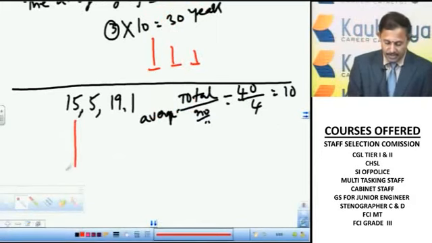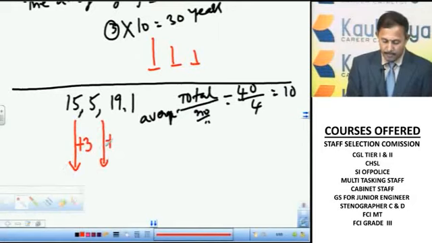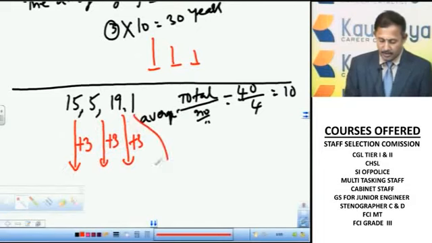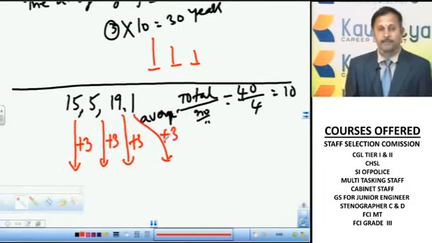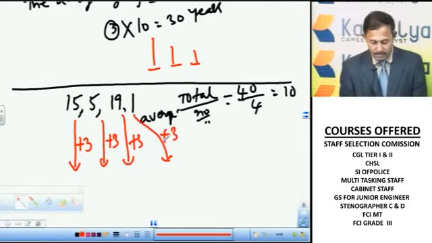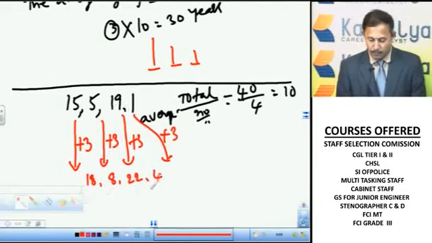Suppose each element is increased by 3. Each element is increased by 3, or in other words, let us add 3 to all the elements. So 15 plus 3, 18, 5 plus 3, 8, 19 plus 3, 22 and 1 plus 3, 4.